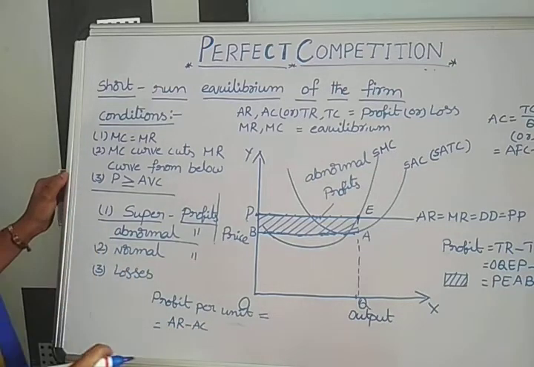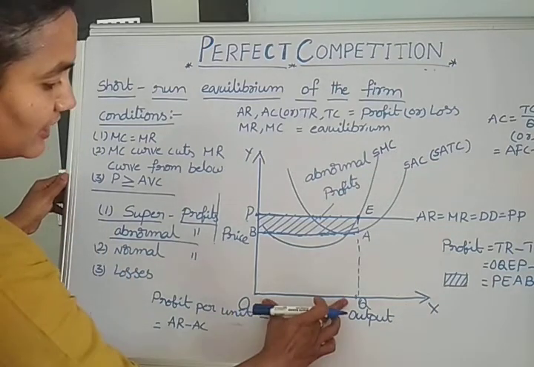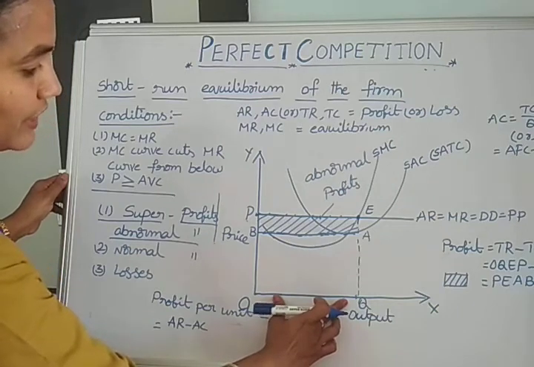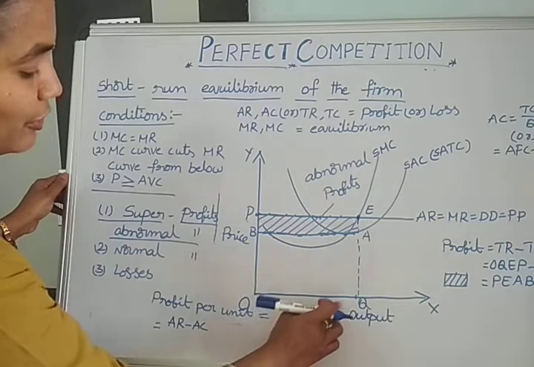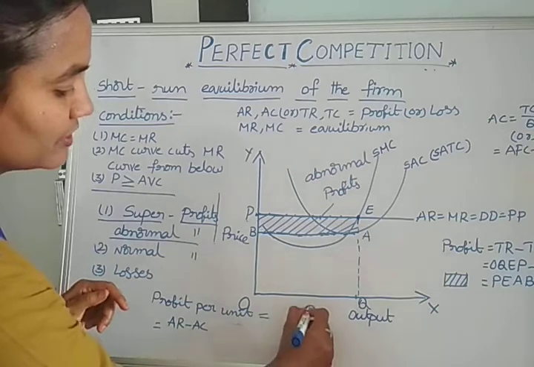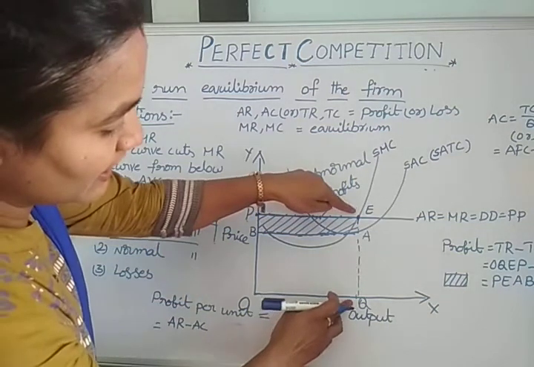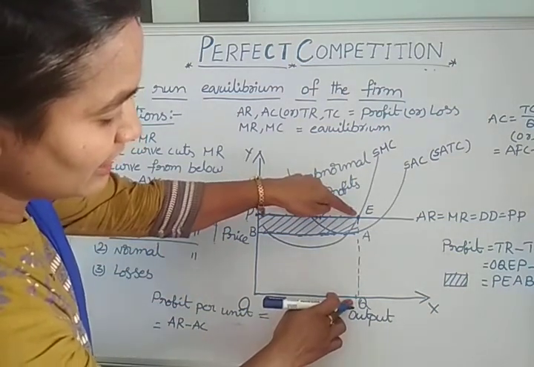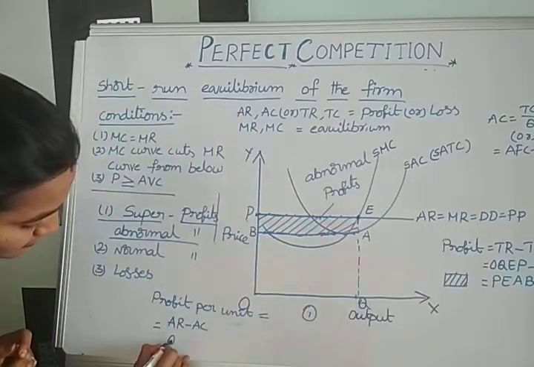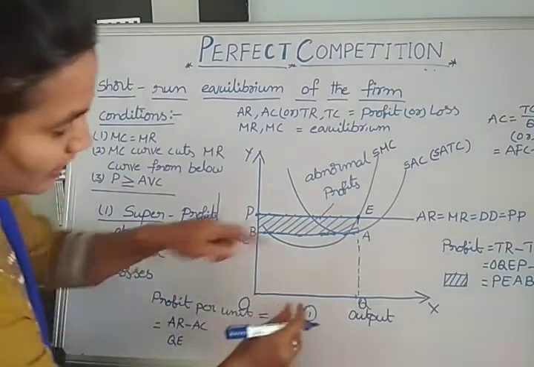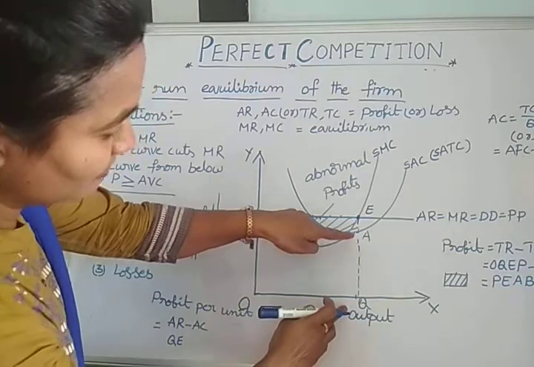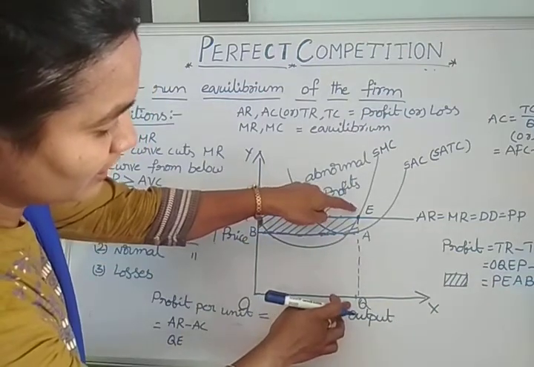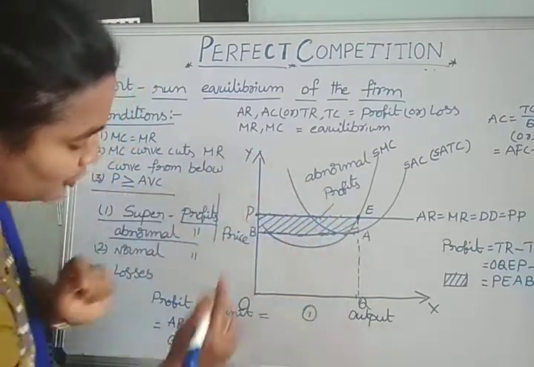For example, this is one commodity. OQ is one commodity. For producing OQ, they are getting a price of QE level. And for producing this good, how much cost are they spending? QA level.